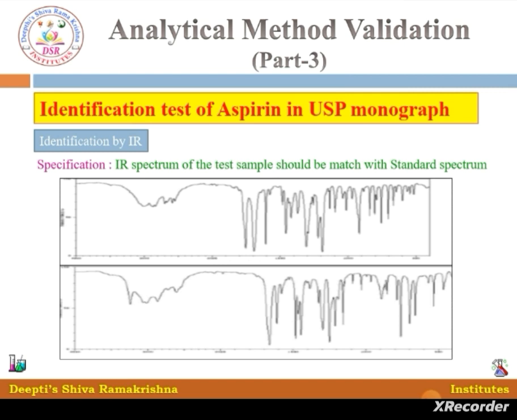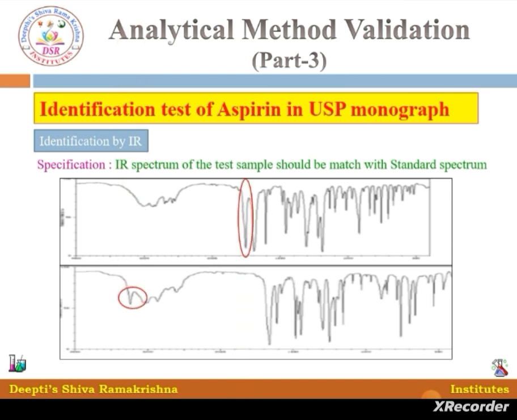That means only one test contains one impurity, which is salicylic acid. So that salicylic acid content should be separated from aspirin. So let us see how to differentiate salicylic acid and aspirin.